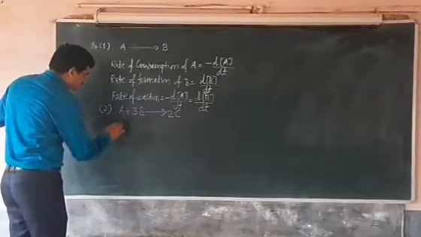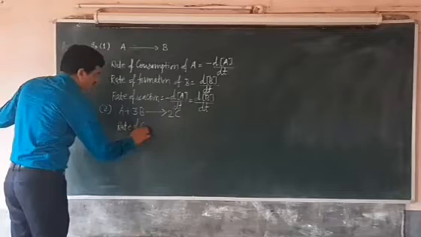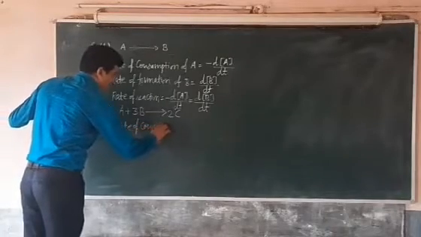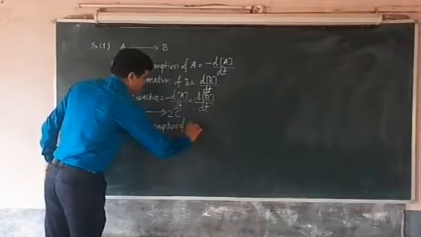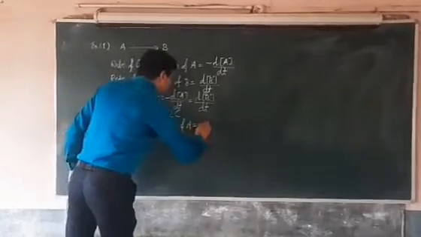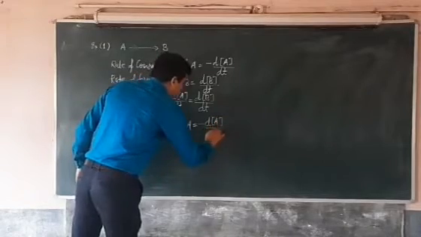So here the rate of consumption of A is equal to minus dA by dt.